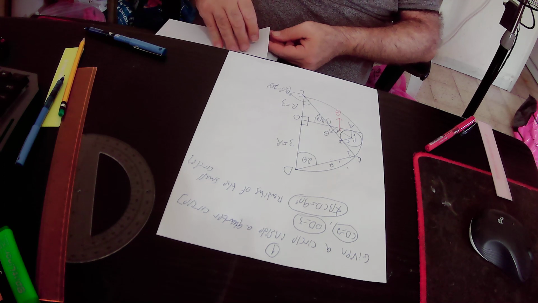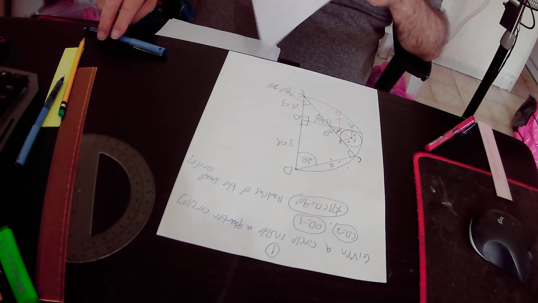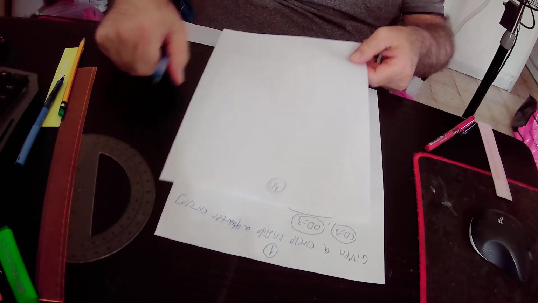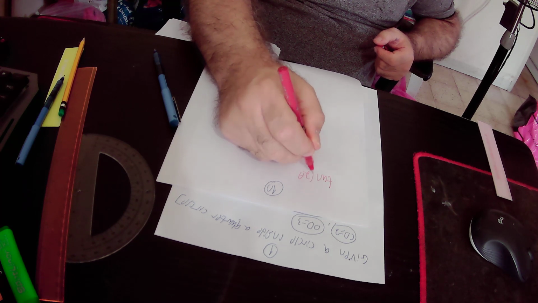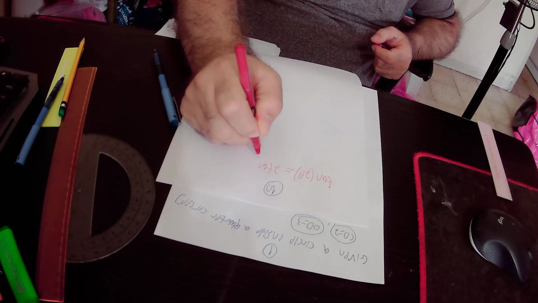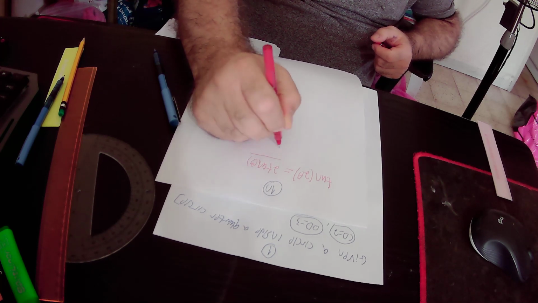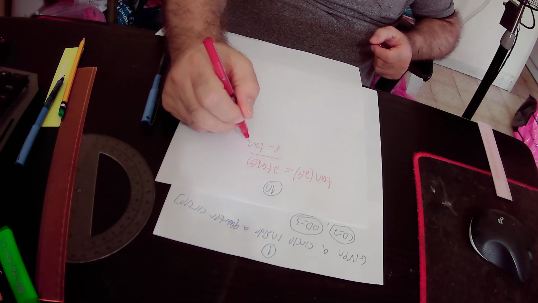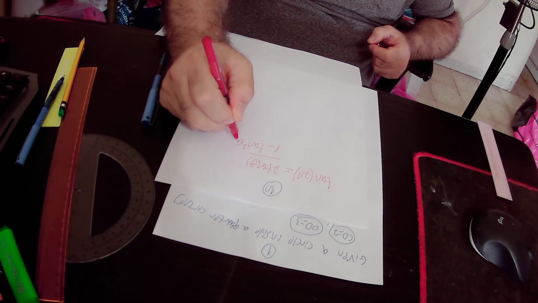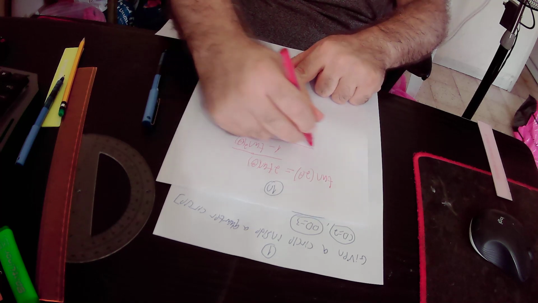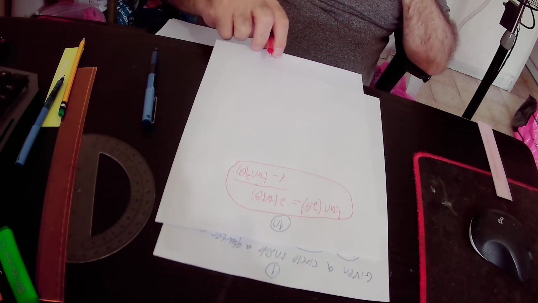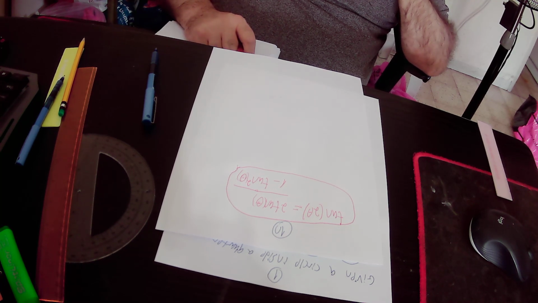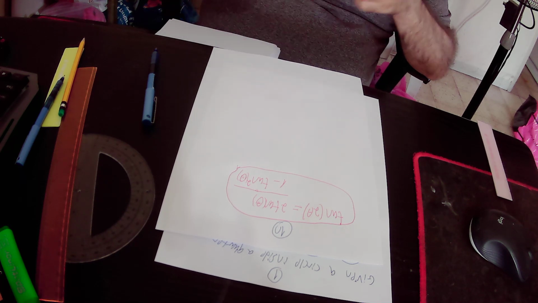Actually, the trigonometric identity for tangent 2 theta equals 2 tangent theta over 1 minus tangent square theta.